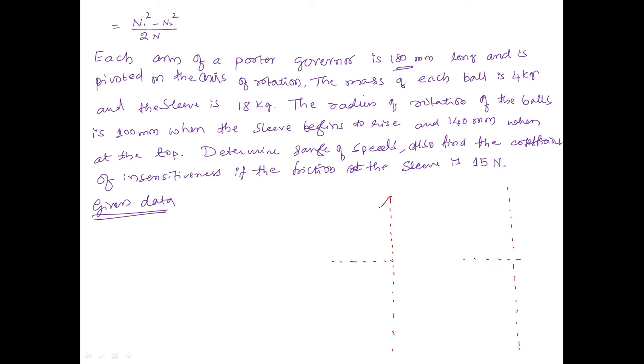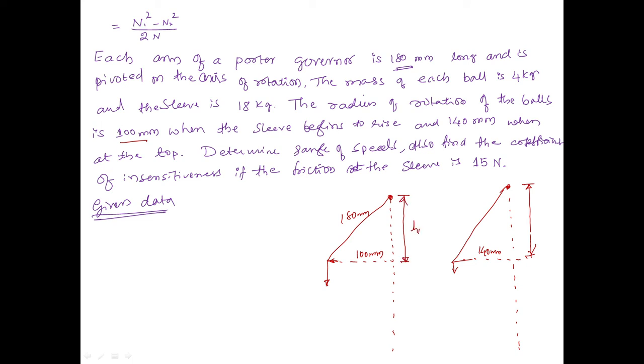So the arm length is 180 mm. What is the radius here? The first radius is 100 mm, and the second radius is 140 mm. Now this is a Porter governor. Don't get confused between Hartnell and Porter. A Porter governor has an arm, but a Hartnell governor has a bell crank lever arm.